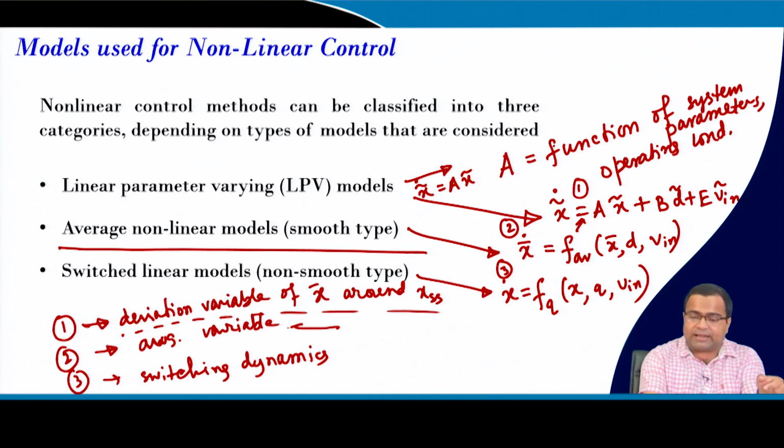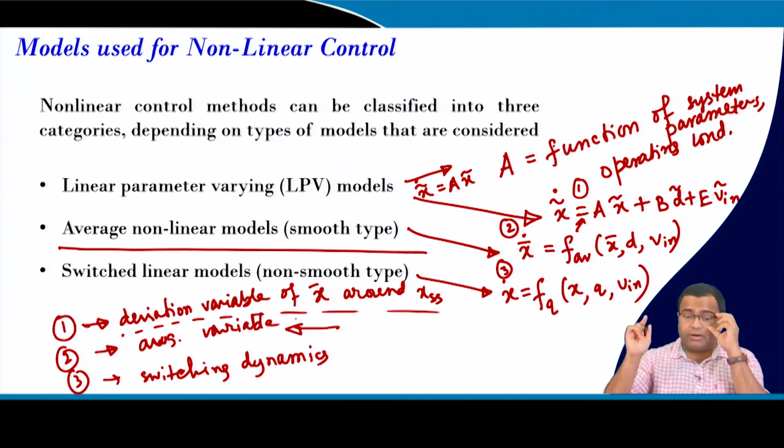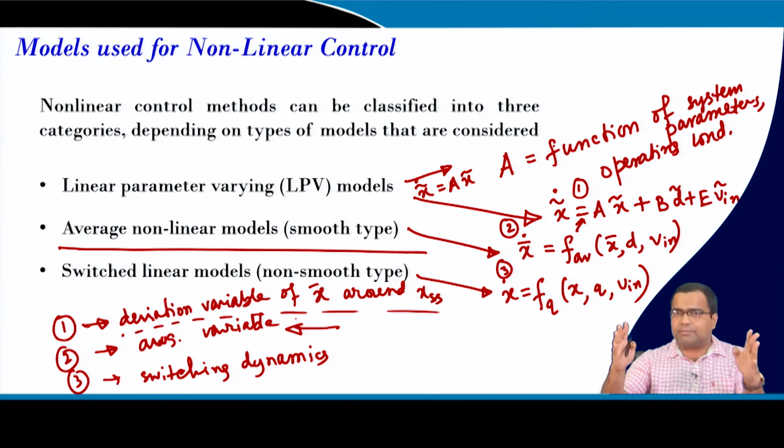This one is better than the first one, but it is a smooth nonlinear model, where we can apply traditional Lyapunov-based control, passivity-based control, feedback linearization, different types of control, which may be better than linear control.